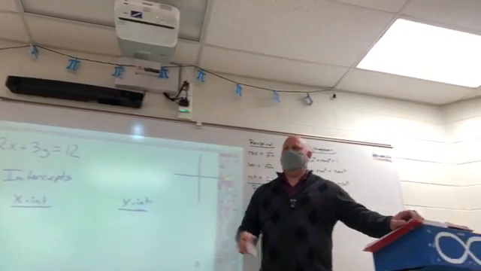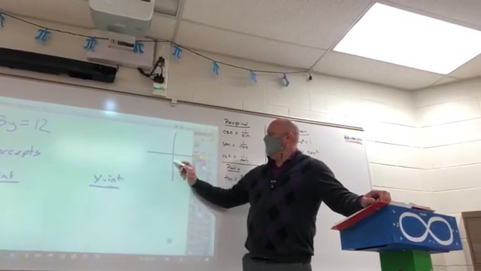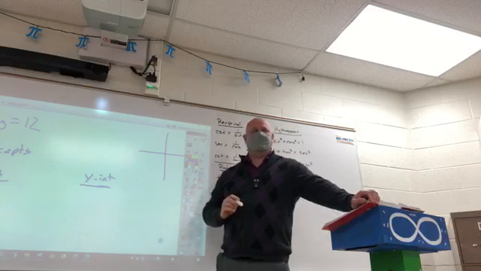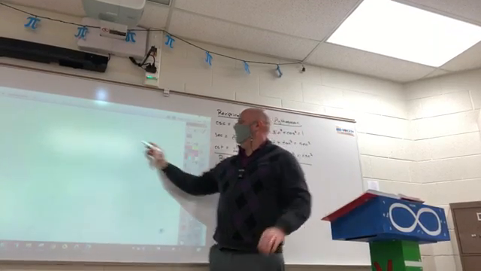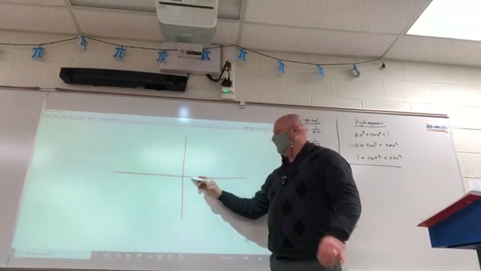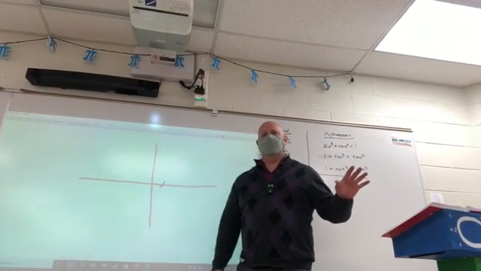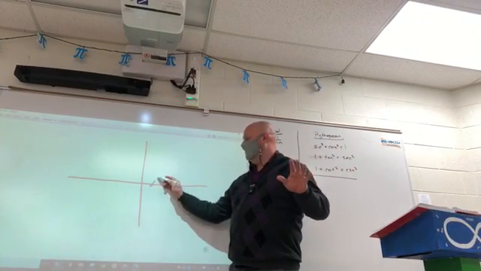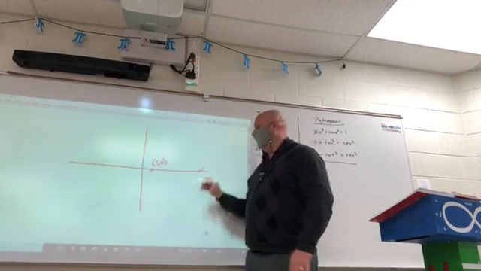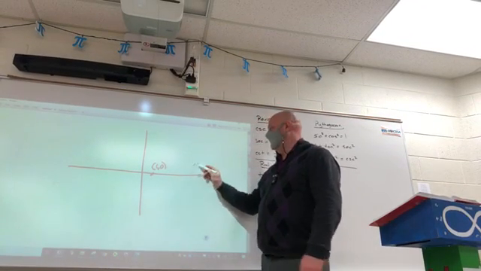If I said, what do all the points on the x-axis have in common? Tell me what the coordinates of that point right there could be. 1, 0. What about this point over here? 7, 0.